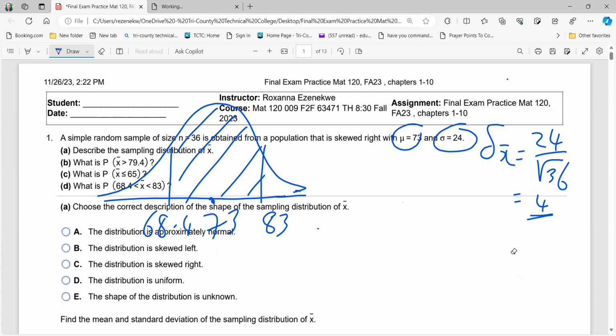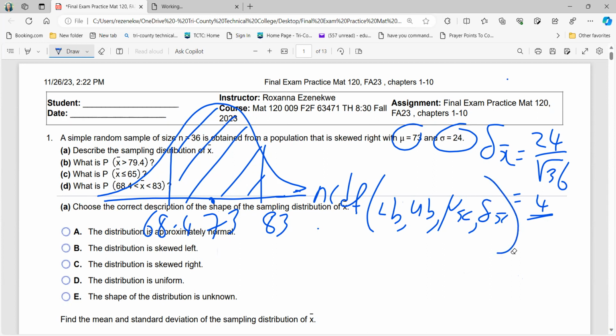Now, remember the argument. The argument is normal CDF, lower bound, upper bound, mu X bar, even though it's the same as the mean, standard error. Standard error. I can't say this enough. If you use standard deviation in place of standard error, your answer will be wrong.